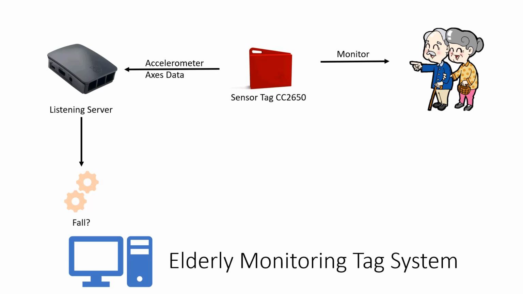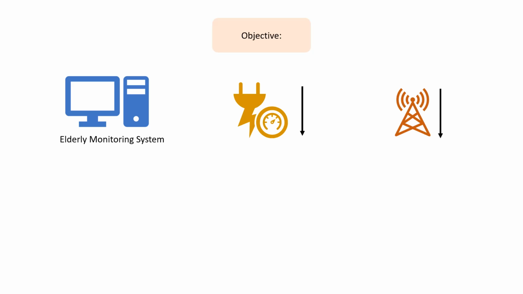However, this method requires the sensor tag to send the data continuously for real-time monitoring, and it consumes a lot of power. Therefore, the objective of this project is to develop an elderly monitoring system with reduced power consumption by reducing the radio frequency communication.